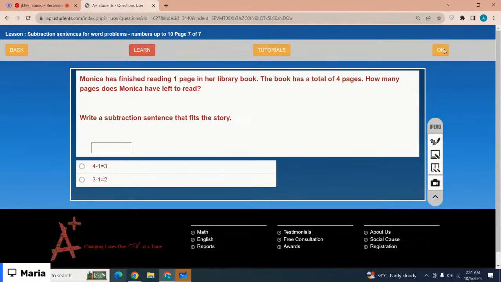The total pages were 4, right? And she just finished one page. So, which is the subtraction sentence that best fits the story? That would be option number one, right? 4 take away 1 equals 3. Very good. Option number one is the correct option.